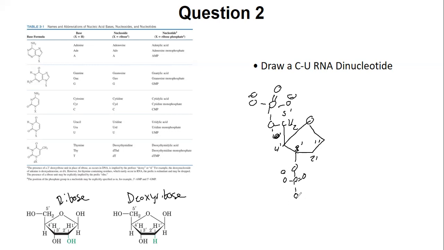And that's going to be CH2. So here's our 5', 4, 3, 2, 1, oxygen, 4. And then at the bottom of our 3', we're just going to have a hydroxyl.